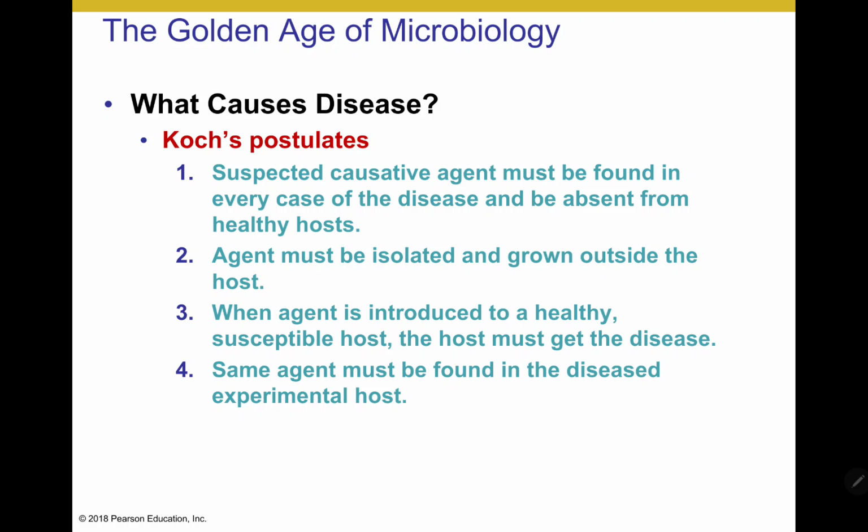Essentially, he took blood samples from a sick cow and found the bacterium Bacillus anthracis was causing this. He isolated the bacterium from the cow, grew it on a petri dish, and inoculated it into a mouse. He noticed that the mouse died. He then got the bacteria from the mouse and identified that it was the same exact bacteria that caused the death of the cows.